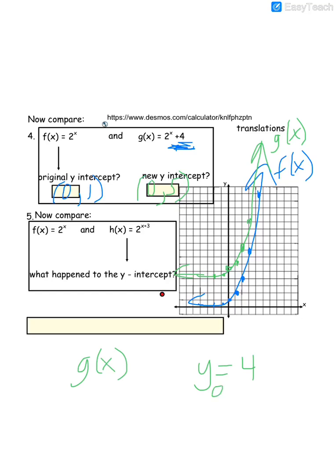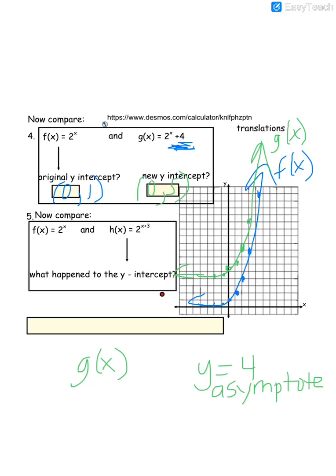We call that an asymptote. That's a new word. It's a line that it comes really close to, but doesn't touch. That's the asymptote. Okay, for f of x, it was y equals 0, or the x-axis.